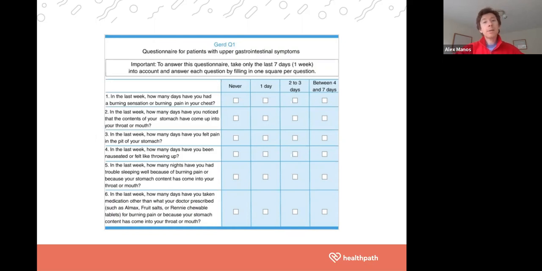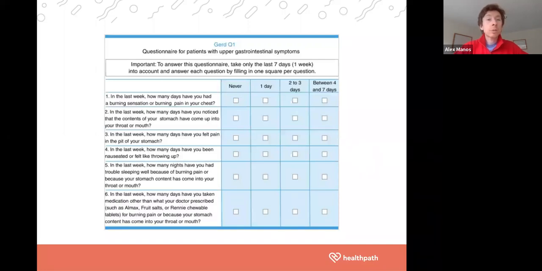So you may have seen something like this if you have been diagnosed and you went through your GP and investigation. This is one of the questionnaires that ultimately gets used in the diagnosis. So you can see over the last 7 days, how many days have you had a burning sensation or burning pain in your chest?